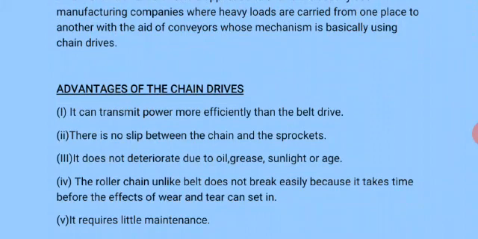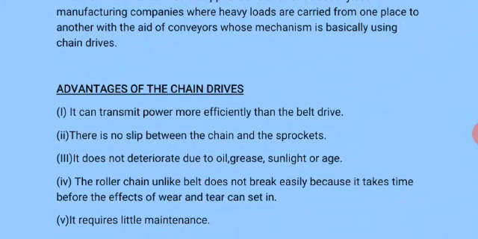Number two advantage: there is no slip between the chain and the sprocket. The chain can hardly slip away from the sprocket because of the firm holding between the chain and the sprocket, which does not happen in the belt drive.